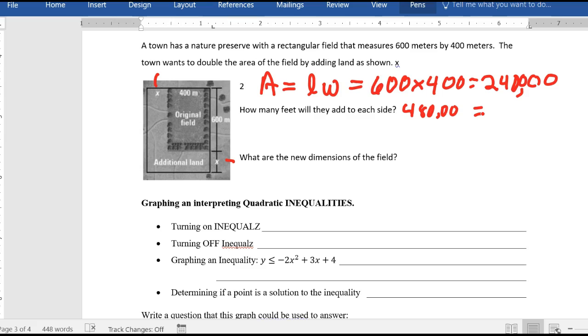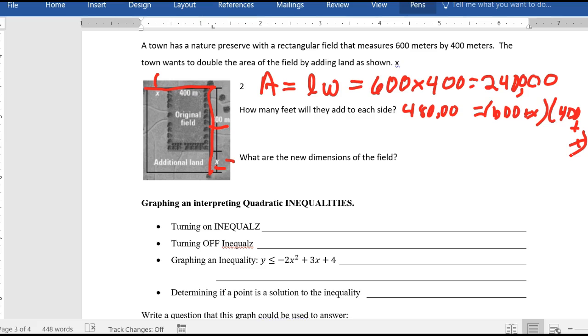Well, the new length is going to be all of this, which is not just 600, but it's 600 plus x. So we have this 600 plus x times the new width, which is all of this, which I bet you've guessed it, is 400 plus x. It's not a very good way to write that, but I think you see what it says.